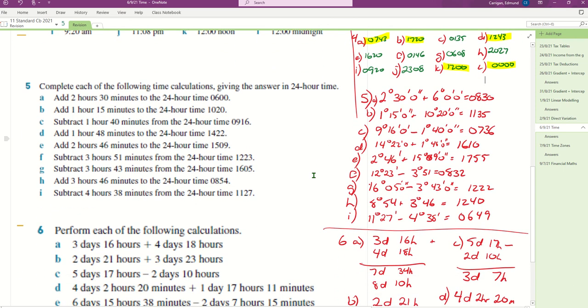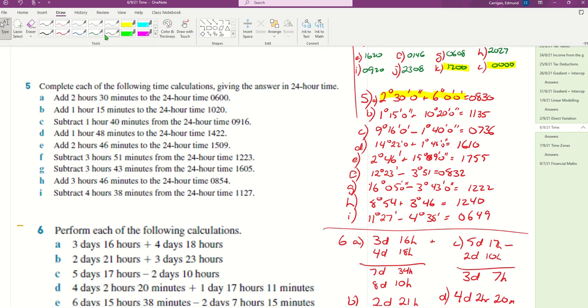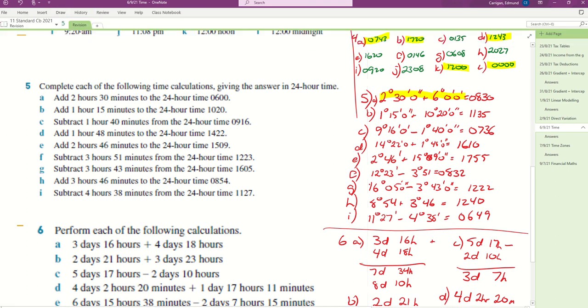Now these ones here again, question 5, use your calculator. This is what I put into my calculator, and then the answer which will come out of my calculator. I haven't done that as a step, but what will come out of my calculator will be 8, 30, 0, and so I'm converting that to 0830, and that's going to be pretty much the same for all of those down here.